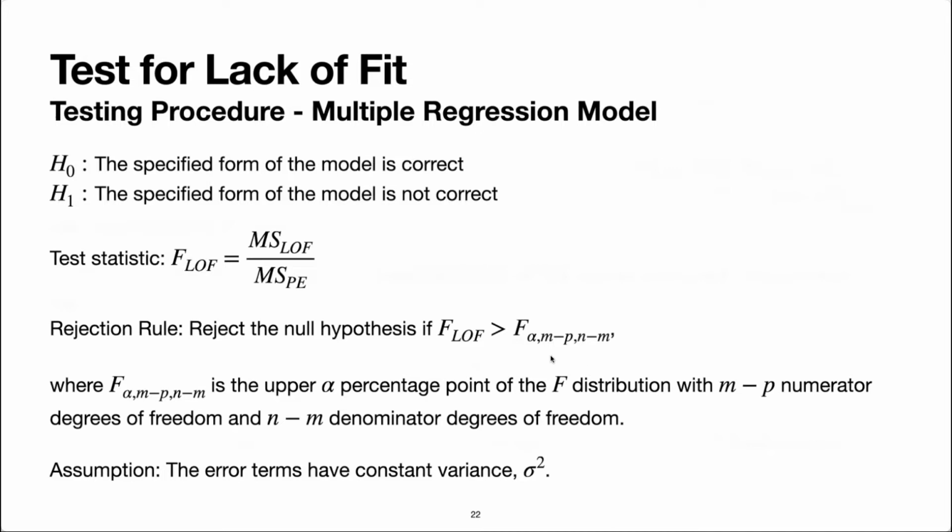The only difference here is that the critical point comes from the F distribution with M minus P numerator degrees of freedom and N minus M denominator degrees of freedom. And again, we have the same assumption upon which this test is based, that is, that the error terms have constant variance. It also has built into it an assumption that the error terms are normally distributed.